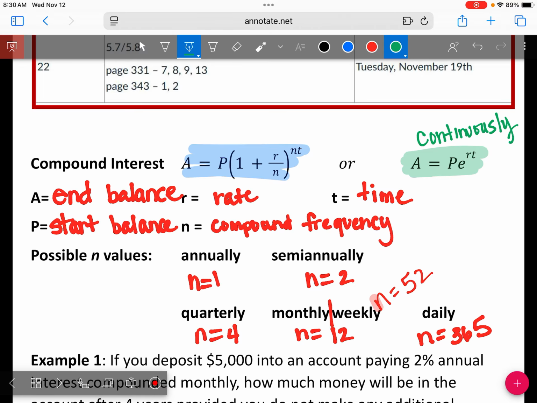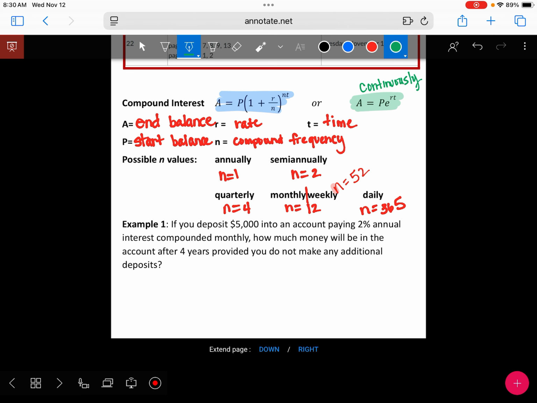We remember this from Algebra 2? All right, so you do need a calculator for this section. So let's look at example 1.